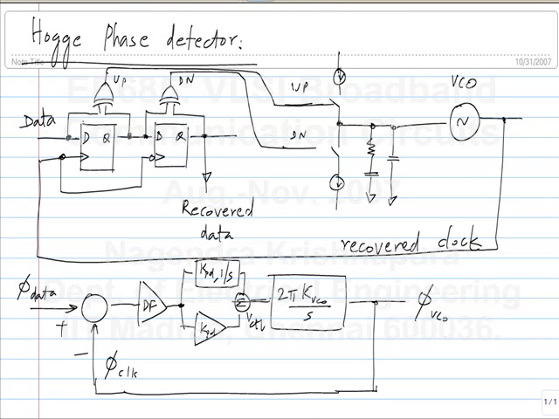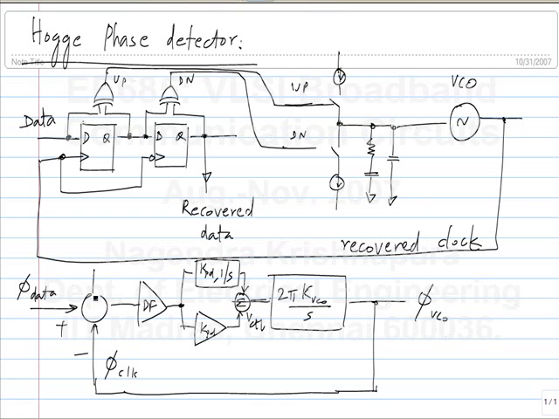Okay. This will be the kind of incremental model in steady state.